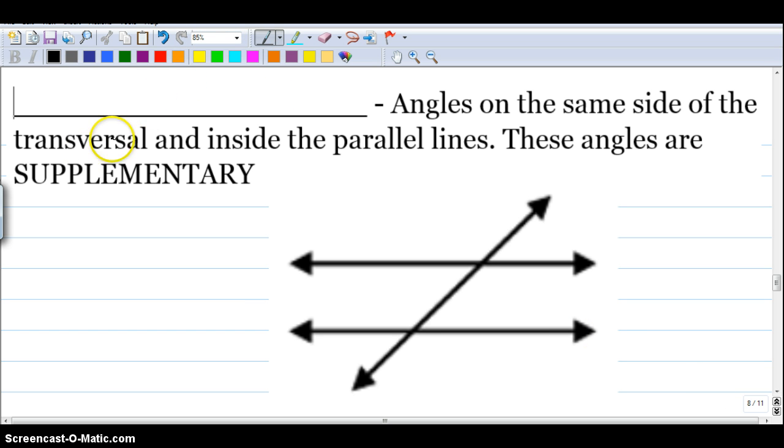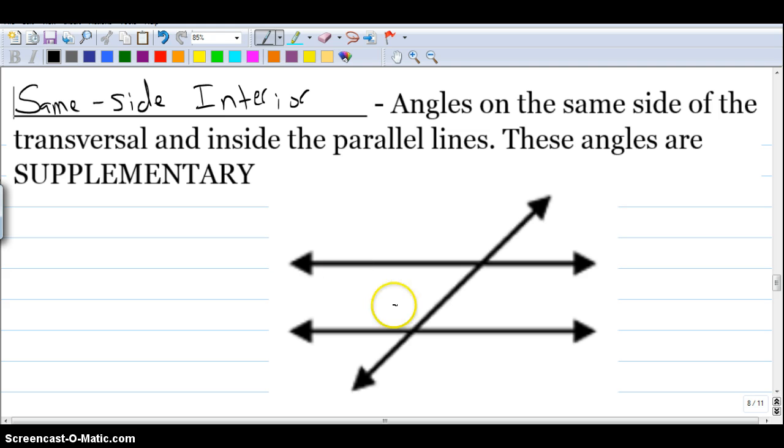The next ones are going to be same side interior. Now these are pretty much self-explanatory. Same side interior, they are on the same side. So they're both either going to be on the left or they're both either going to be on the right. And they're on the inside.